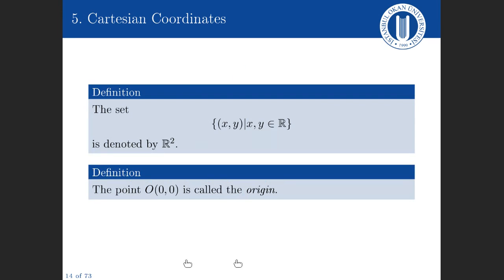The set of all of the points x, y, where x is a real number and y is a real number, is called R squared. X is a real number. Y is also a real number.